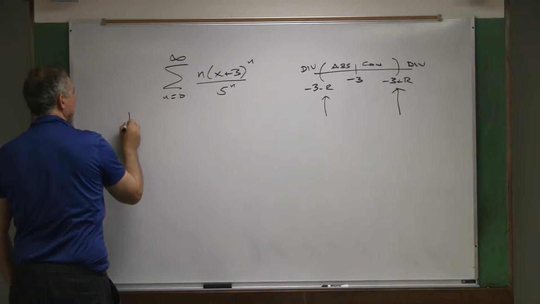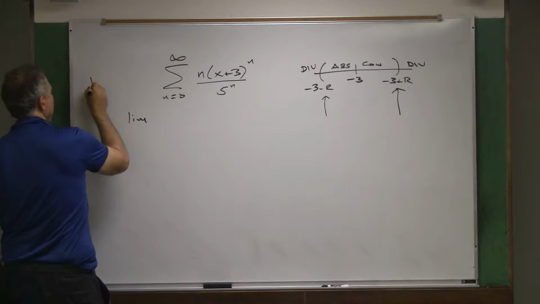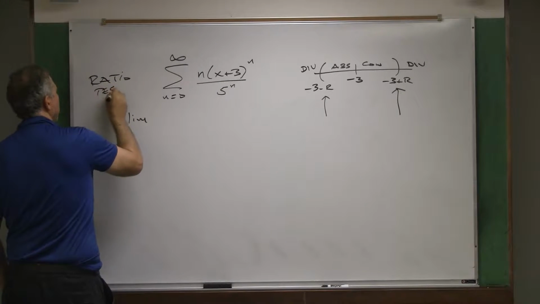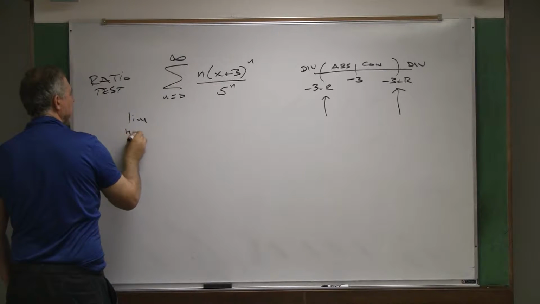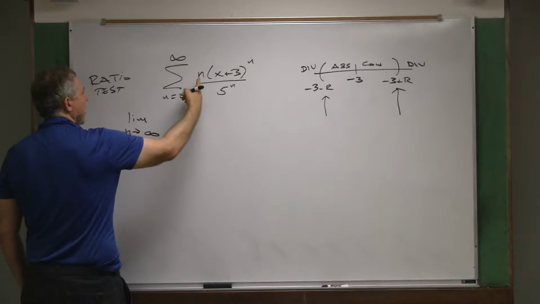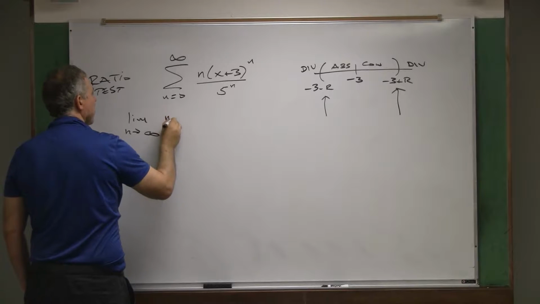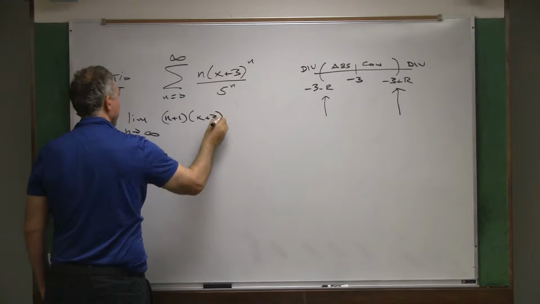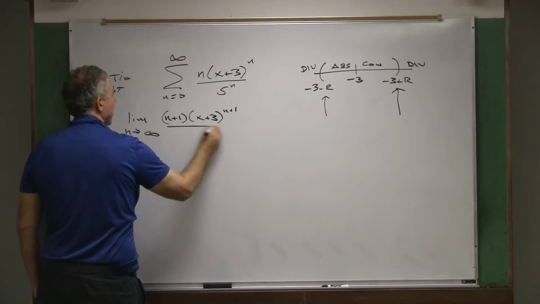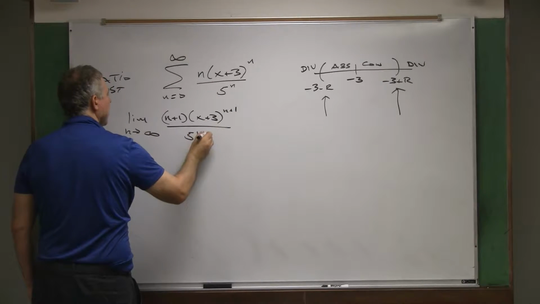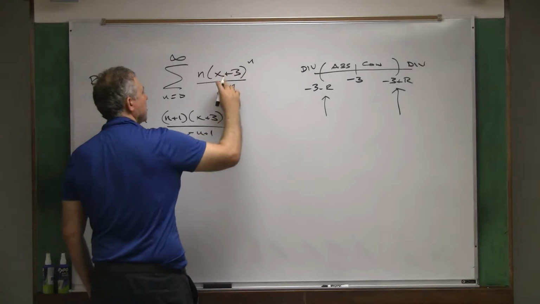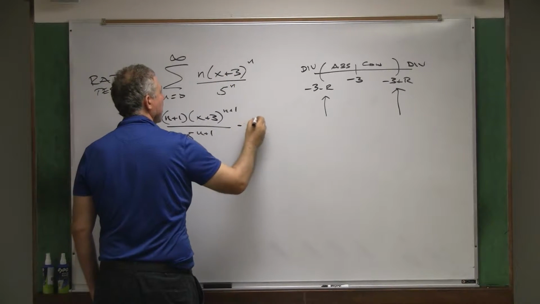So I'm going to take a limit. I'm going to use the ratio test. I'm going to take a limit as n goes to infinity, plugging in n plus 1 everywhere, to the n plus 1, and I'm going to divide by this, which is I multiply by the reciprocal.